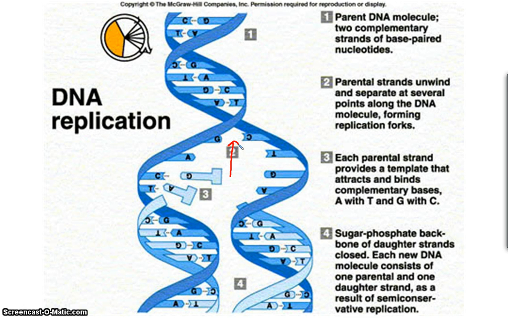Now at each fork, the parental strand, and we've got two of them, provides a template that attracts and binds complementary bases, always A with T and C with G. And finally, the sugar phosphate backbones of the daughter strands, the lighter blue ones here, are closed. Each new DNA molecule consists of one parental and one daughter strand. The result is what is called semi-conservative replication.